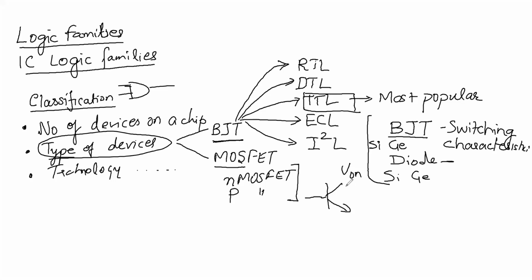So if this transistor is on, what is the voltage across the device? What is the minimum voltage required over here to turn on the device? All these operating characteristics should be known to you. So kindly revise your BJT and diode.